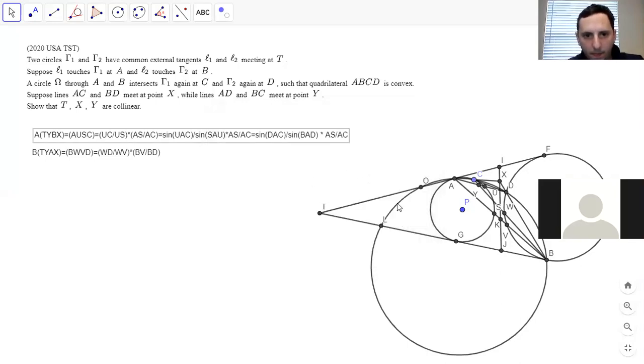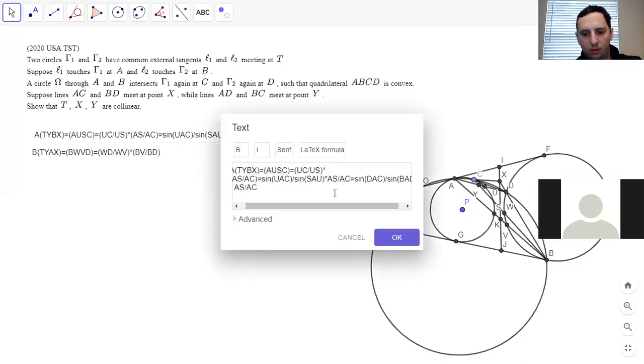Okay. So DAC over BAD is CD over BD. So that would be CD over BD times AS over AC.